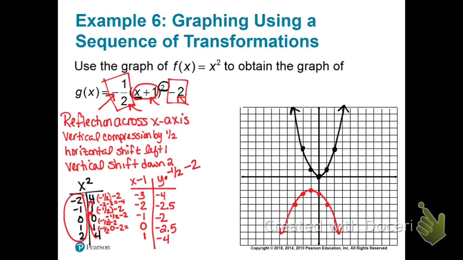And then check it. So check it, guys. I'm going to go through my little list of stuff we said over here. We said it was going to reflect across the x-axis. Did it? Yes, it's upside down, isn't it?